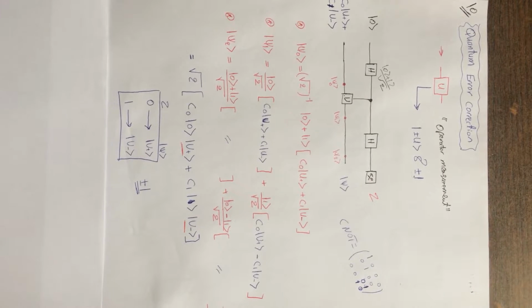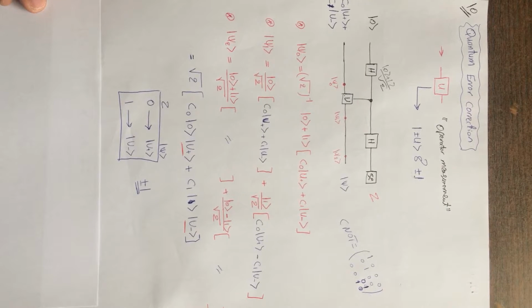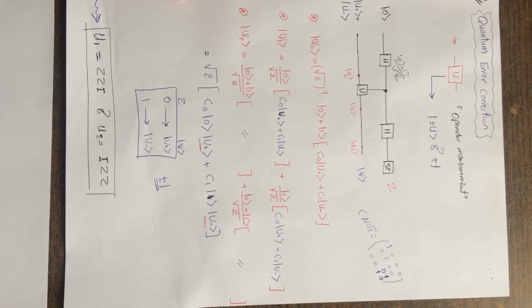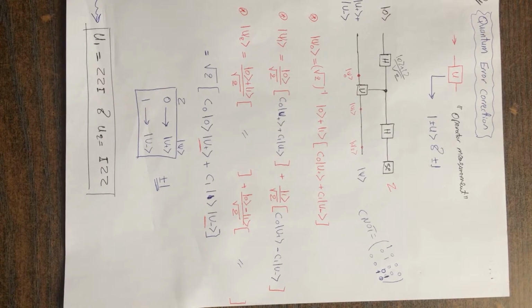Why is it important that we study those operations? They are important for identifying the error and making what we call error syndromes. We would like to define error syndromes that look like this: U1 is equivalent to Z Z I, that's just Z, the operation, and U2 is I Z Z.